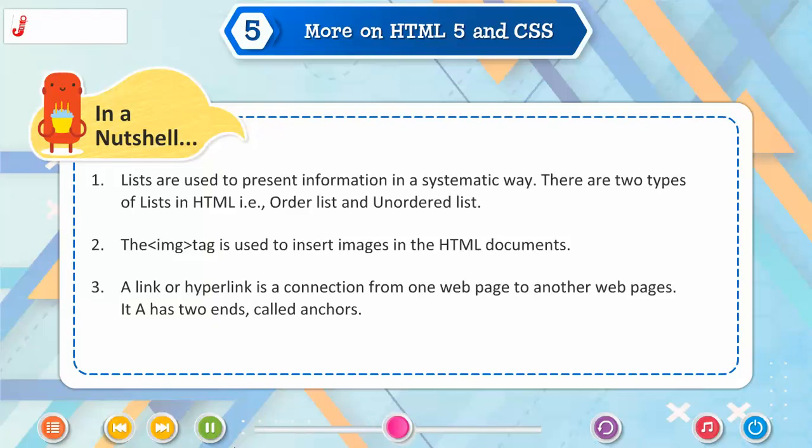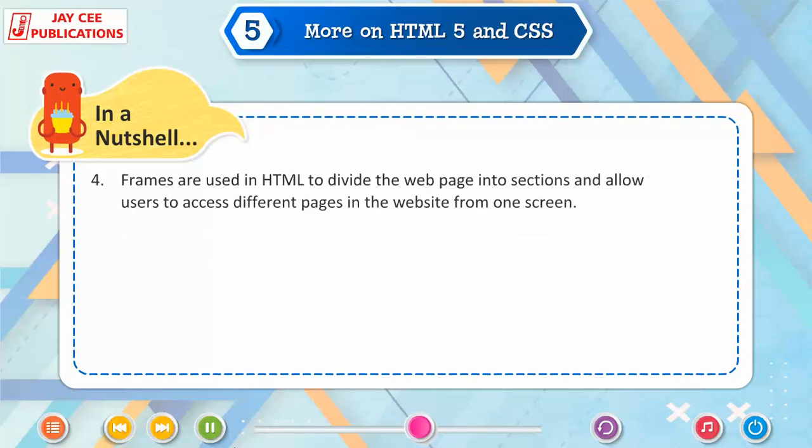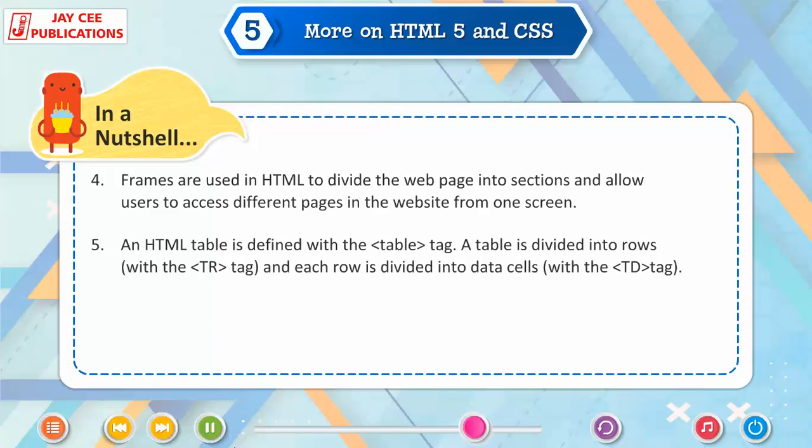It has two ends called anchors. 4. Frames are used in HTML to divide the web page into sections and allow users to access different pages in the website from one screen. 5. An HTML table is defined with the table tag. A table is divided into rows with the tr tag, and each row is divided into data cells with the td tag.